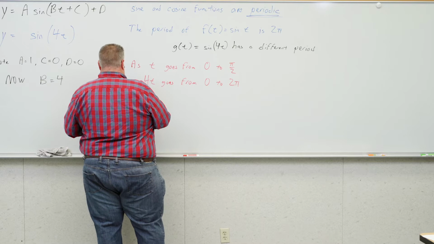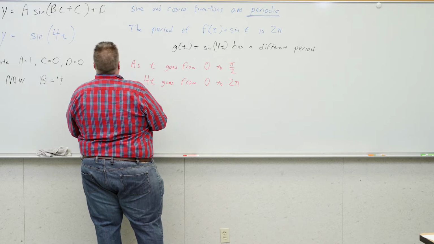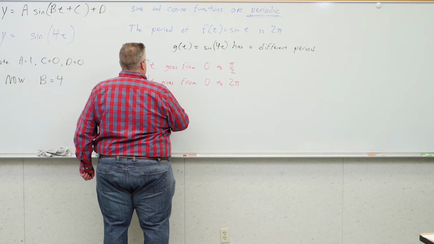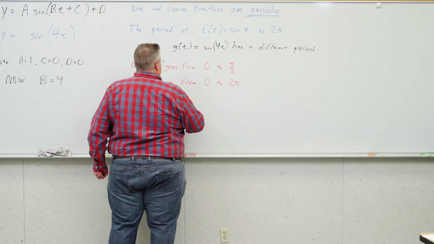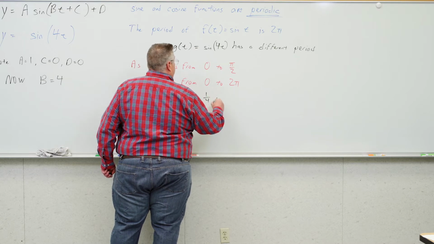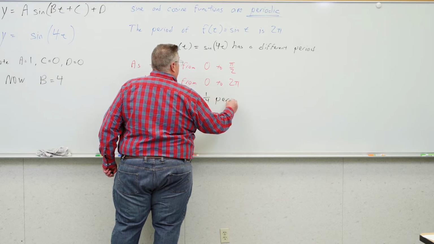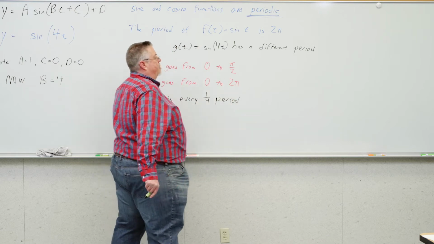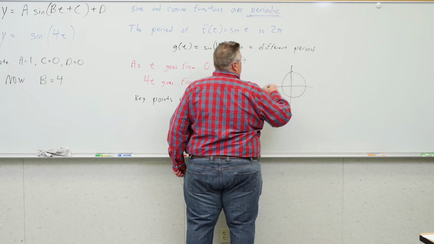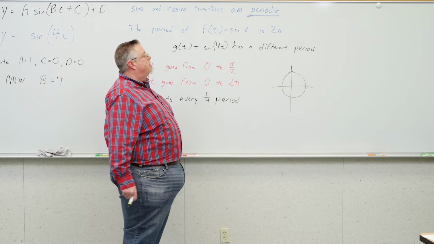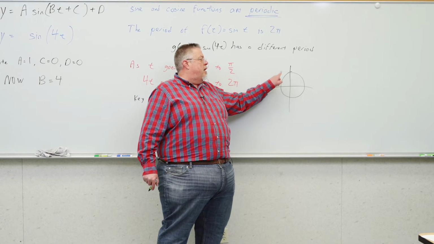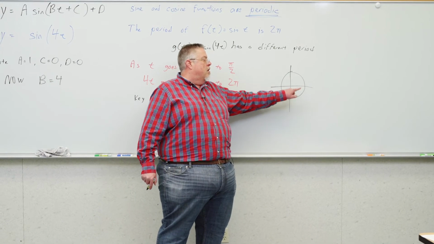We have key points every quarter period. What do I mean by that? Let's look at our familiar and not so good sketch here of the unit circle. Key points are when we're here, here, here, here, and here.